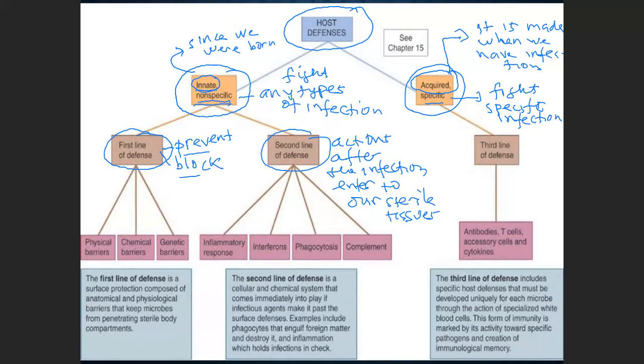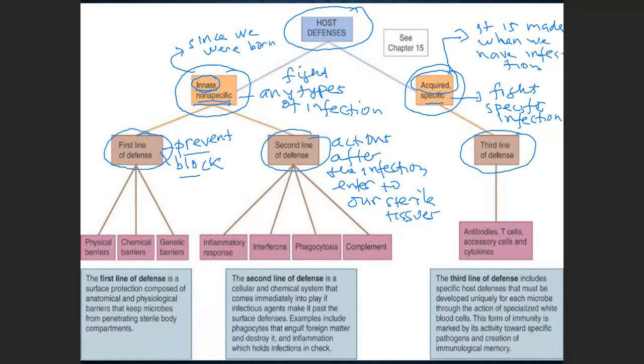If the second line of defense fails, then we still have one more line of defense. It's called the third line of defense, and this third line of defense is actually part of the specific defense mechanism. Okay, so this is the process of defense mechanism.